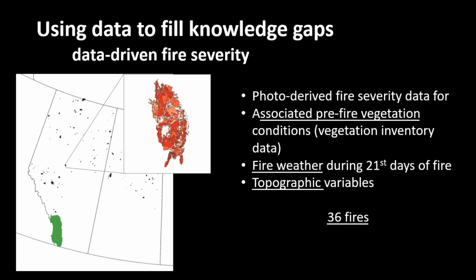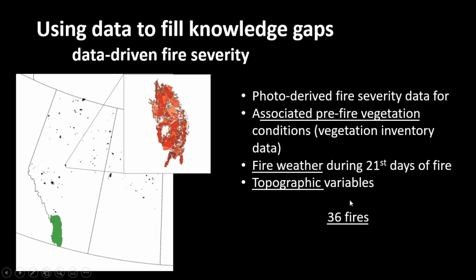This data is photo-derived from a lot of past fires that happened in northern parts of Alberta and Saskatchewan. Unfortunately, we don't have so much data for our area. We have it associated with pre-fire vegetation conditions, fire weather, and topography.